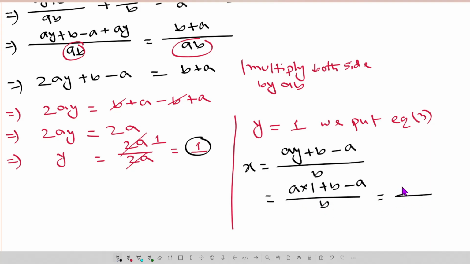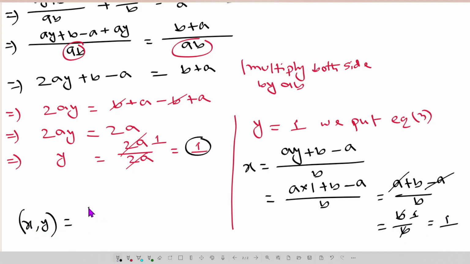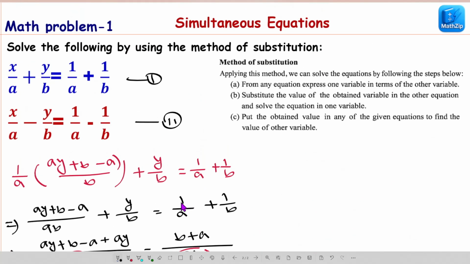So here is a plus b minus a divided by b. So a and minus a cancel out, and b divided by b means 1. So x and y are 1 and 1, and this is our answer. So for this equation, solving by using the method of substitution, we get x equals 1 and y equals 1, and this is our answer.